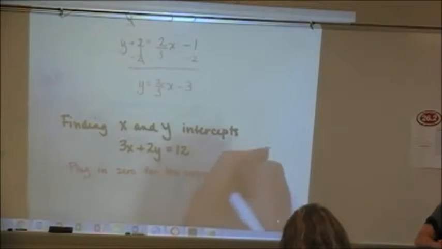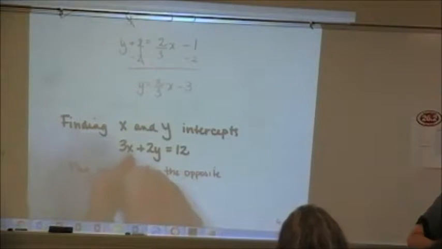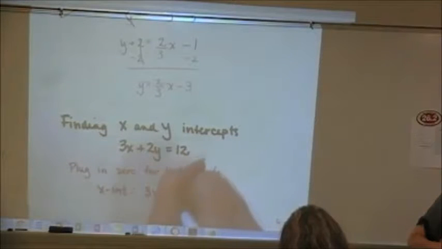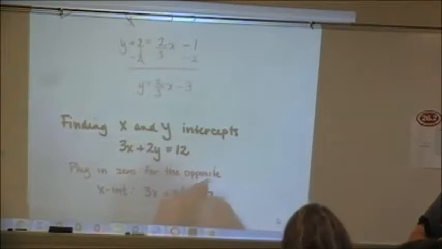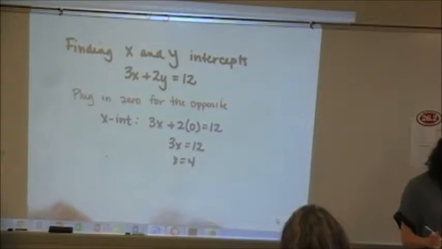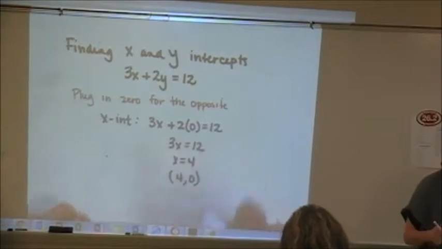So if I am looking for the x-intercept, then I plug in 0 for y. So I find x equals 4. Your x-intercept is written, though, as an ordered pair, so it'll be written as 4, 0.